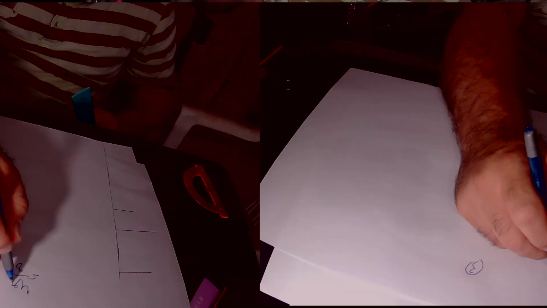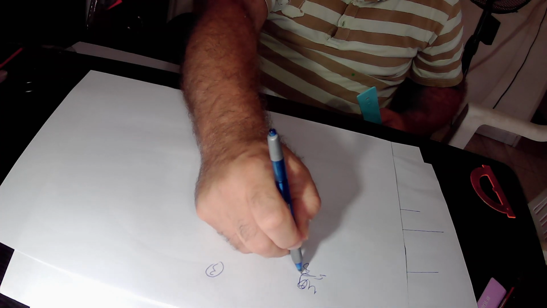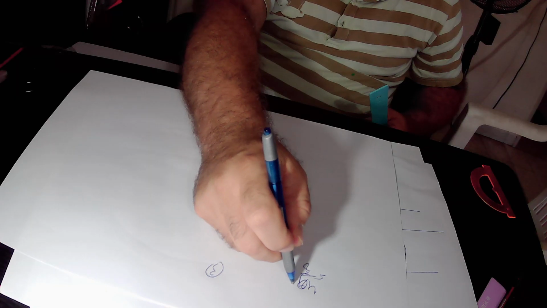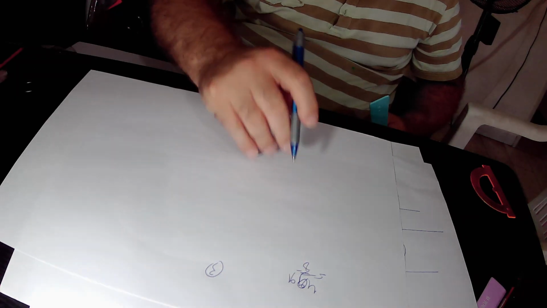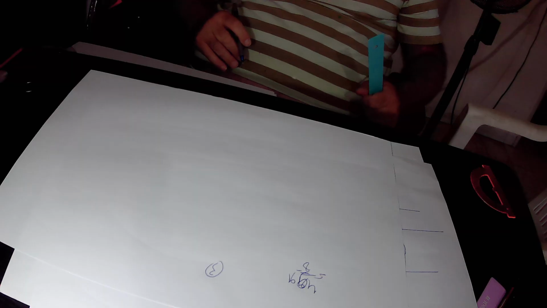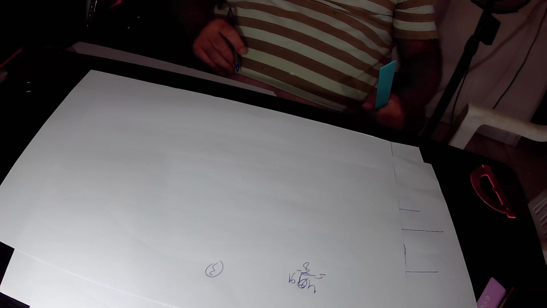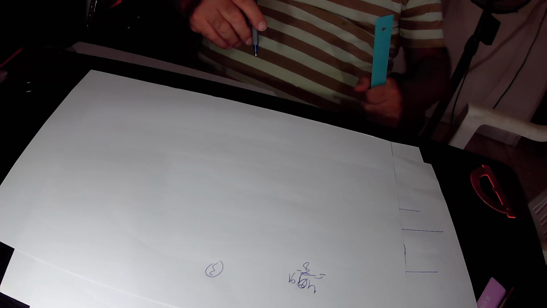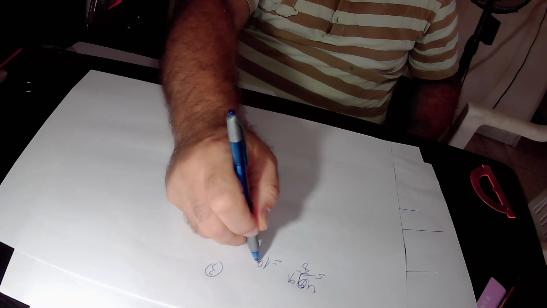Okay, again, 49 pi over 8 is the area of the green shape. In terms of numbers, 49 pi over 8 is 19.24 square units.